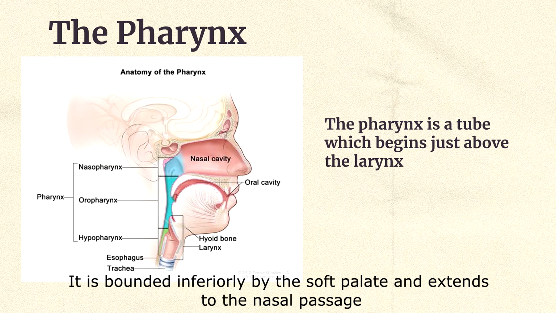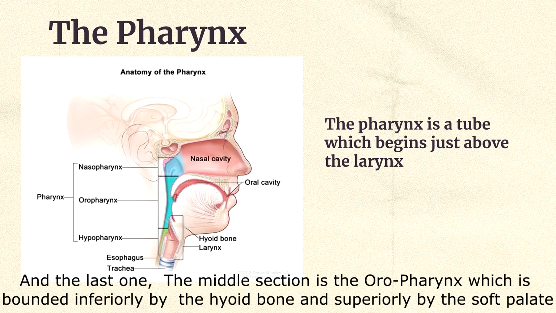It is bounded inferiorly by the soft palate and extends to the nasal passage. And the last one, the middle section, is the oropharynx, which is bounded inferiorly by the hyoid bone and superiorly by the soft palate.